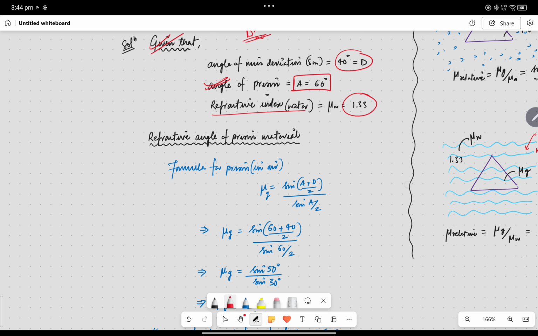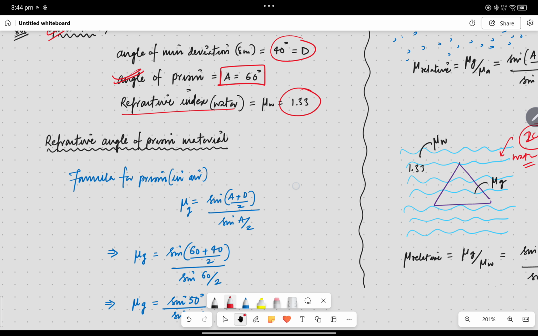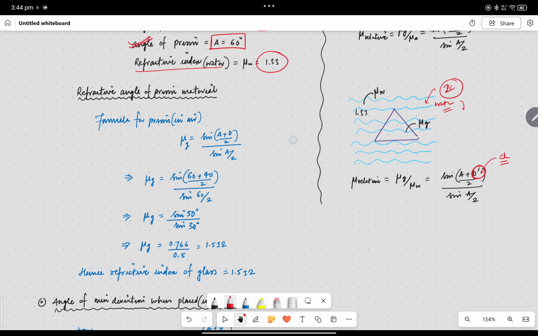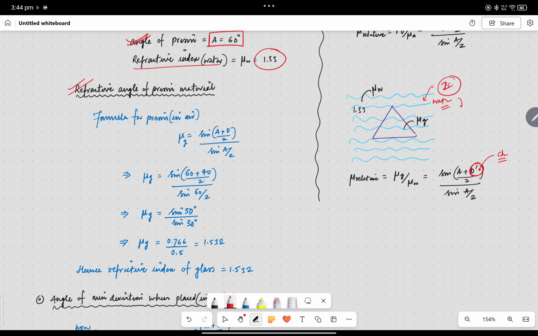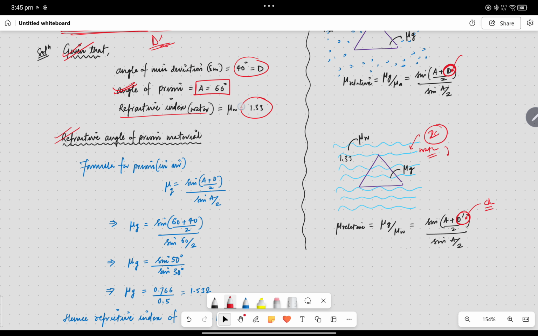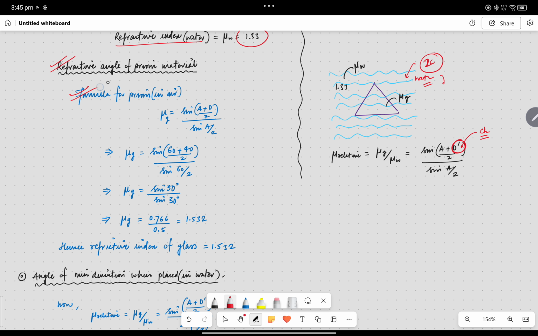So now let's see how I have calculated this and how you can write this in your exam. First of all, you have to find the refractive index of the material of the prism in the first case. That is the first question that is given. So let's start. The formula for the prism is mu g equals sin (A plus D) by 2 divided by sin A by 2, simple.